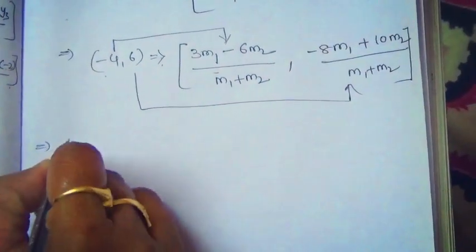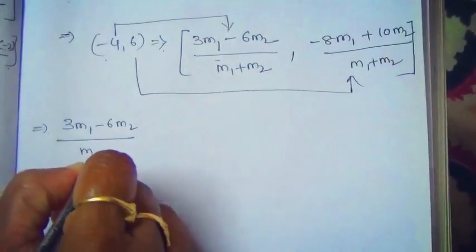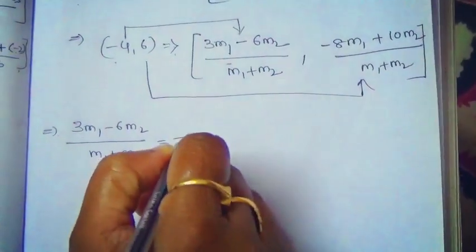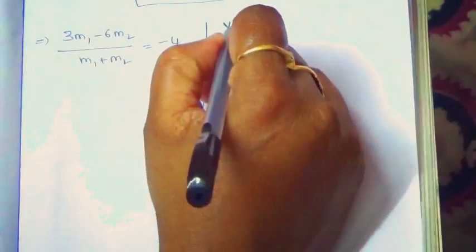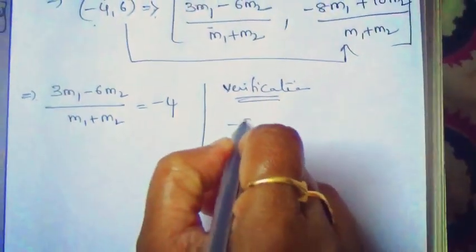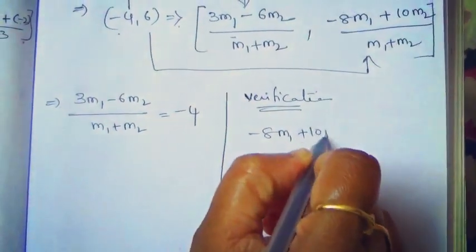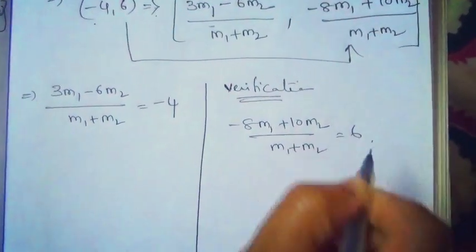That implies 3m1 minus 6m2 by m1 plus m2 is equal to minus 4. It is only for verification, only for verification I am doing. Then minus 8m1 plus 10m2 by m1 plus m2 is equal to 6.